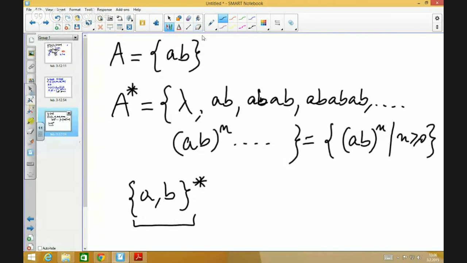It's also a language, the language that consists of two strings, the string that only contains A and the string that only contains B. {A, B} star, according to what we just said, should be the set of all strings that you can form by taking any number of A's and B's and writing them in whatever order you like, which is a way of forming any string of A's and B's.